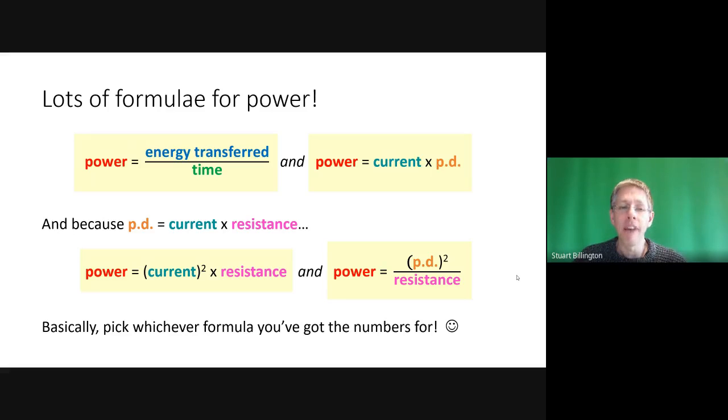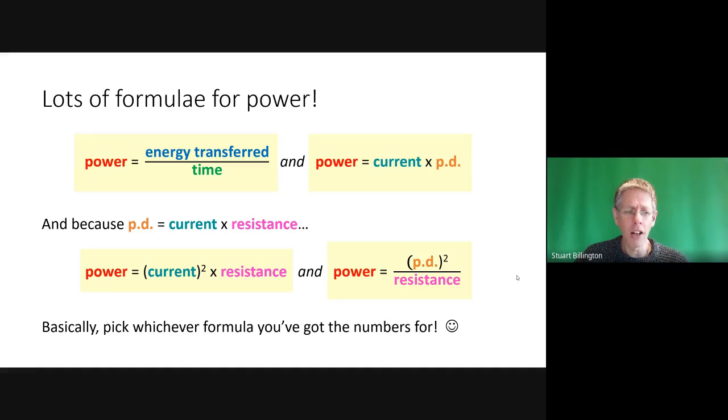It is very, very common that either we want to know what the power is, so we're trying to calculate it, or we already know what the power is and we're trying to find out what one of the other things is. You need to memorize something like 30 or so formulae for this course. 4 of them, no less than 4 of them, are definitions of power or formulae that tell you what the power is.